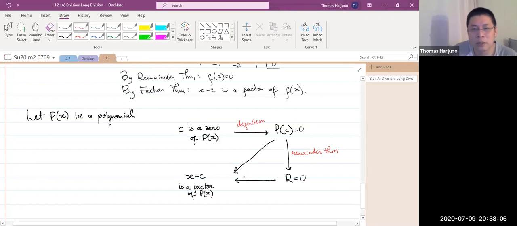This is by factor theorem. So you will have these four things come together.